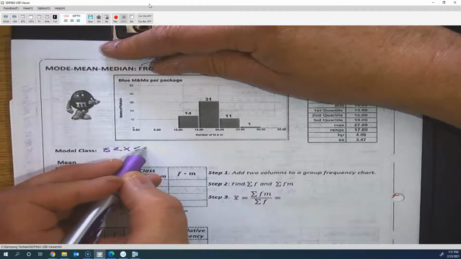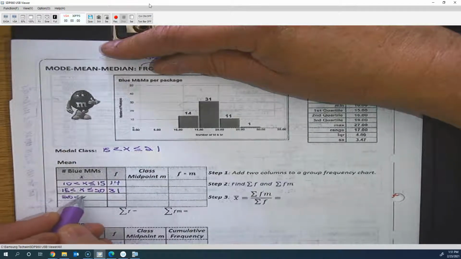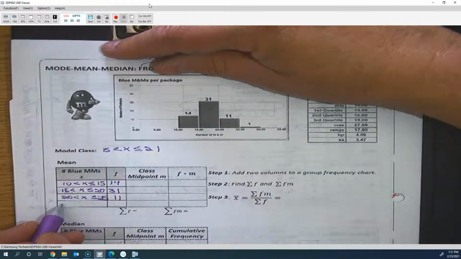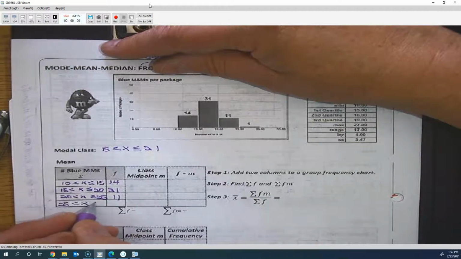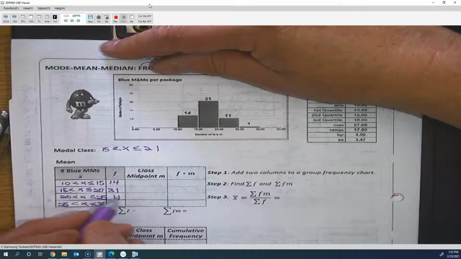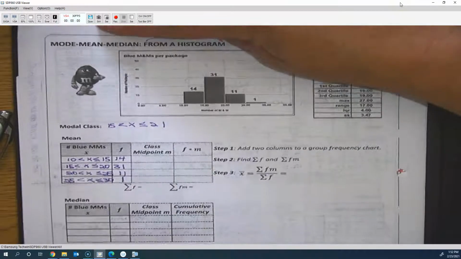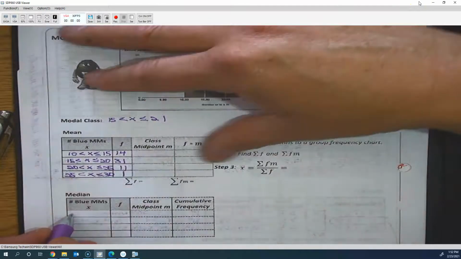And you got your 20 to 25 bucket. And your 25 to 30 bucket. And while we're doing that, this is going to be the same as it was up here.